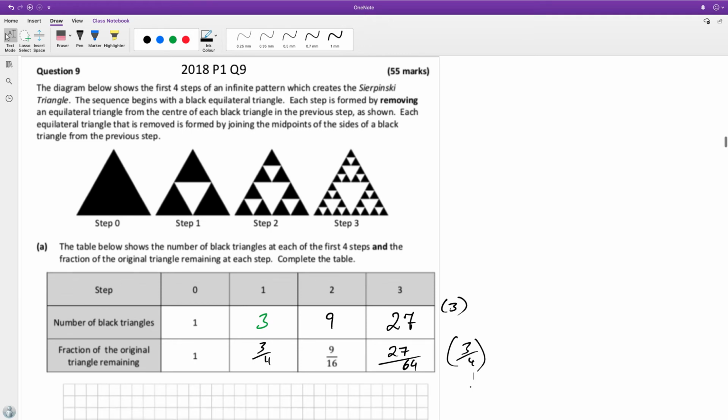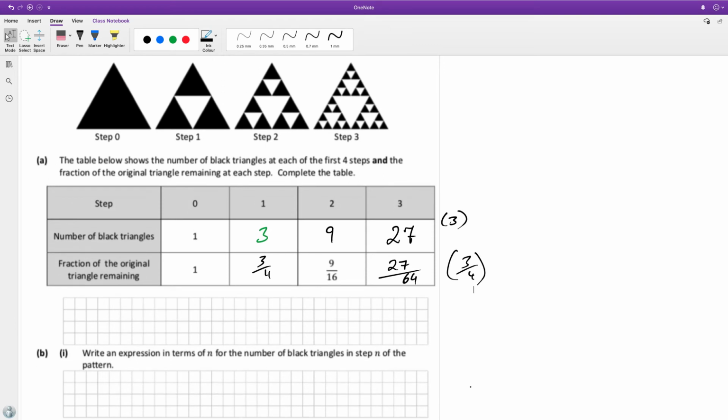Right. Part B. Write an expression in terms of n for the number of black triangles in step n of the pattern. Off we go.